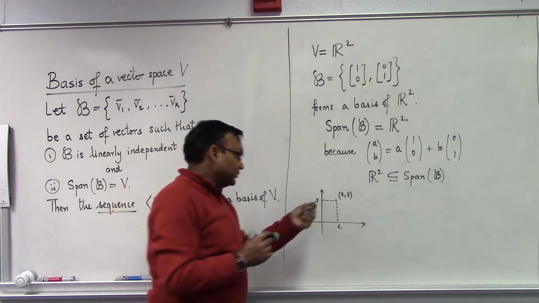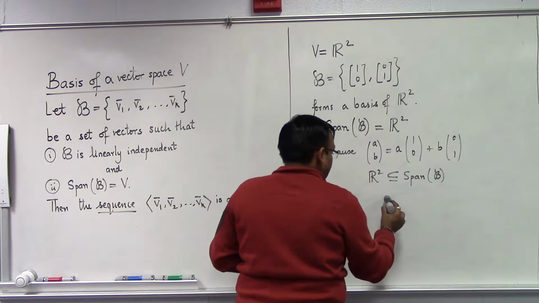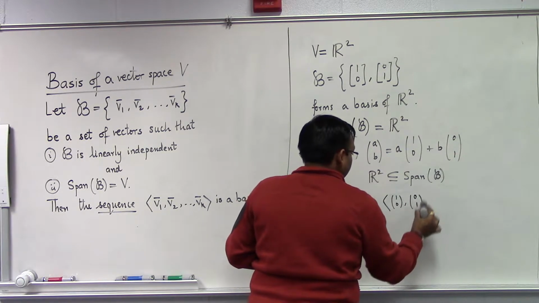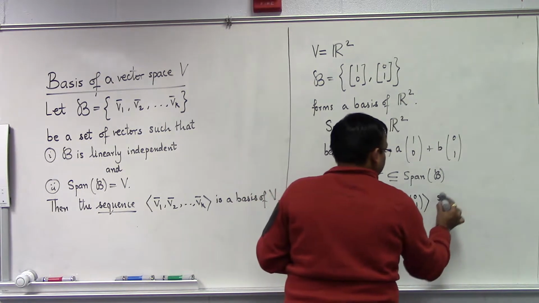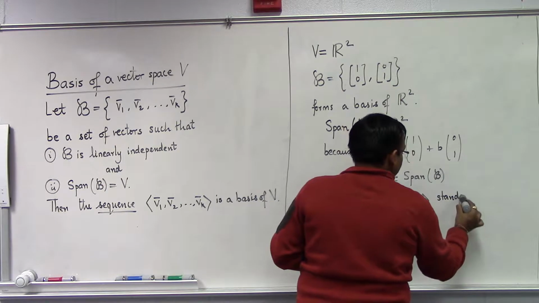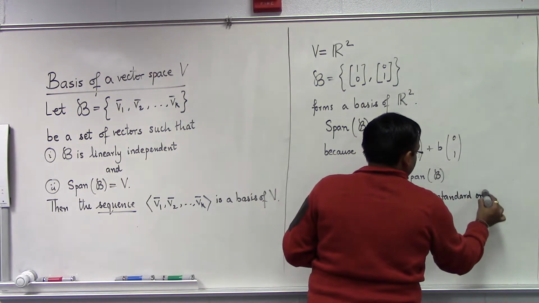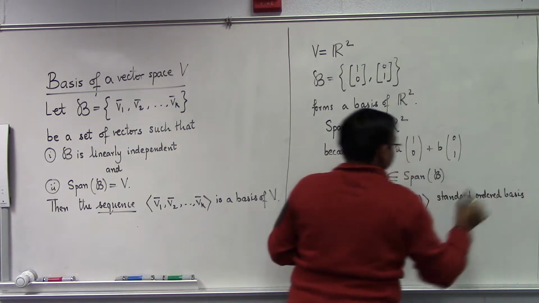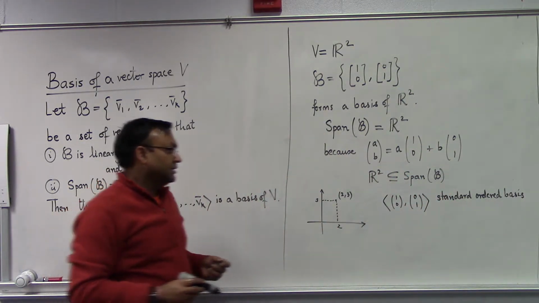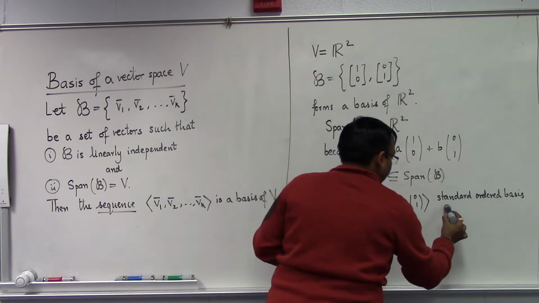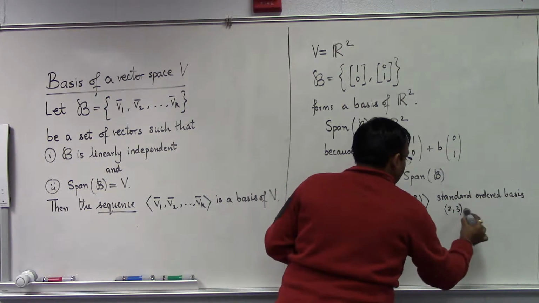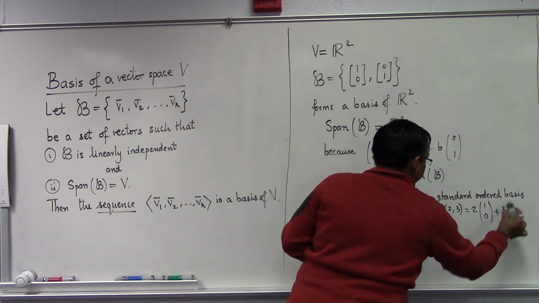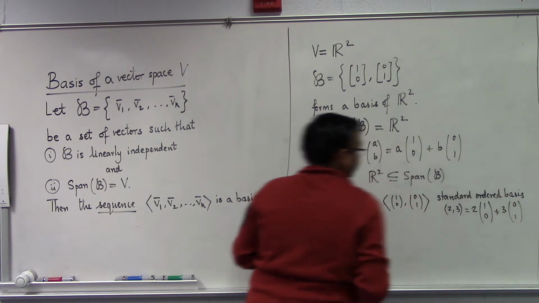And this is where the sequence in the basis comes into effect. So if I write 1, 0 and 0, 1, this is what we call the standard ordered basis. That means it is the basis that we are used to, the x coordinate first and the y coordinate second. So whenever you tell me 2, 3, I'm always going to assume that 2 is the coefficient of the 1, 0 vector and 3 is the coefficient of the 0, 1 vector.